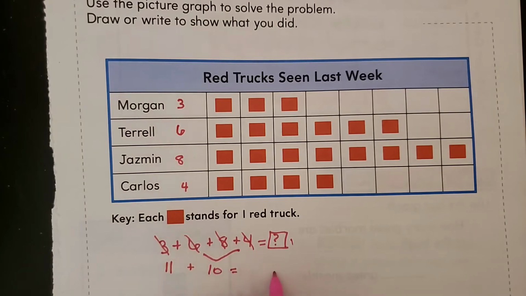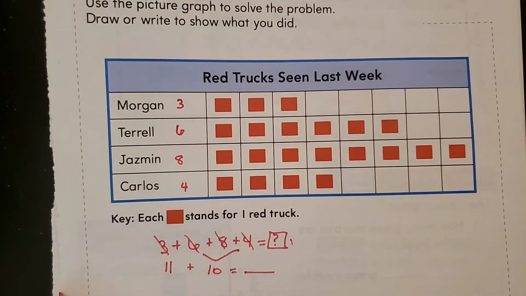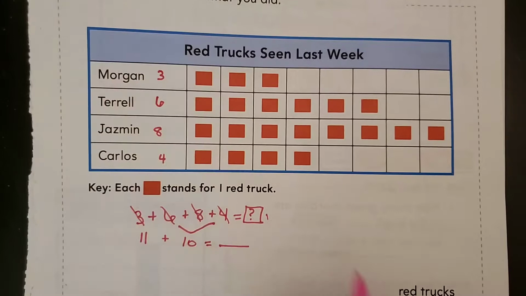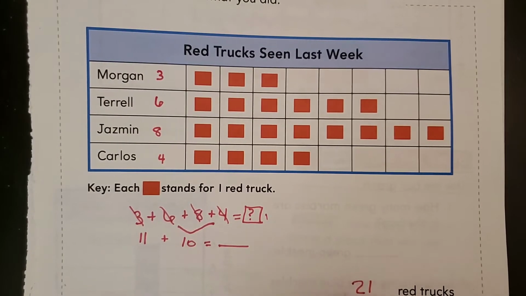And that will tell me the total amount of red trucks that the children saw. Who can tell me? Give you 10 seconds to think about it. 11 plus 10. 5 more seconds. 21 red trucks. For those of you that solved it, awesome job. There were 21 red trucks that the children saw all together.